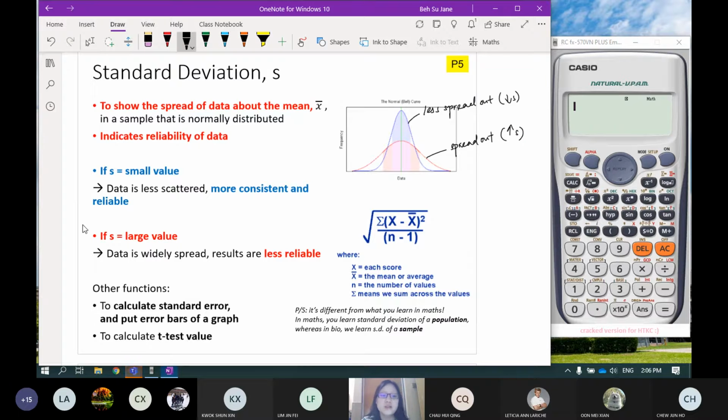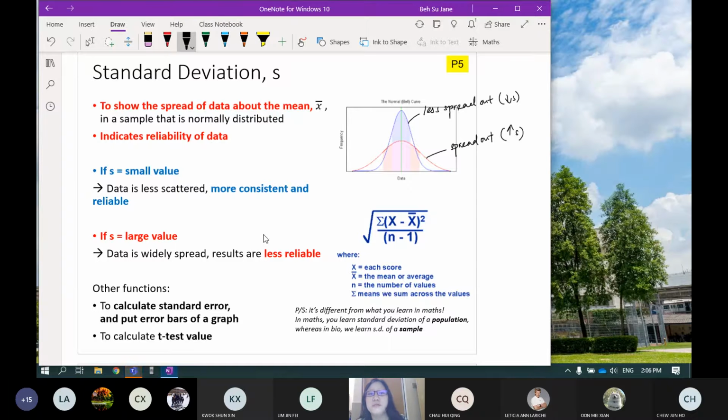So if it's more spread out, we deem the results to be less reliable. It means you have a larger spread of data instead of data very close to the mean. So this is less reliable, whereas if it's less spread out, it is more reliable. Other than indicating the reliability of data, we also use standard deviation, as we'll see later, to calculate standard error and also to calculate the t-test value. So this is very important.